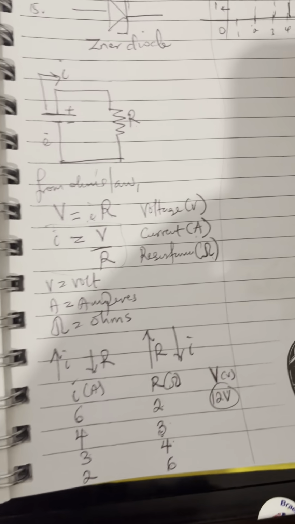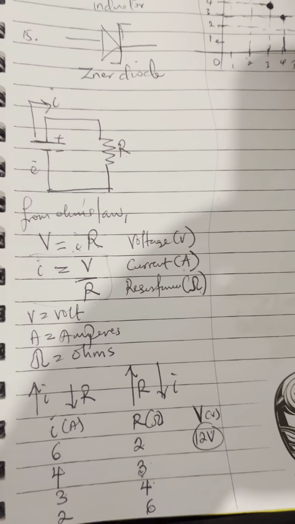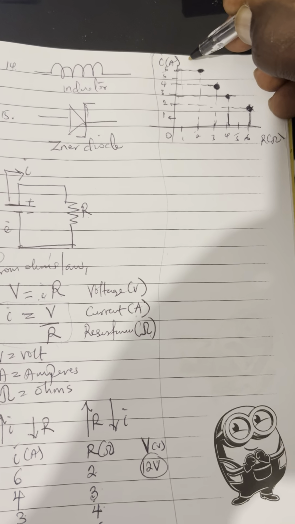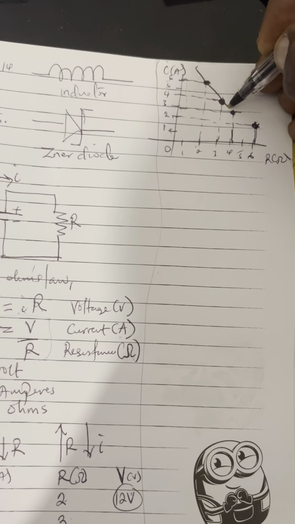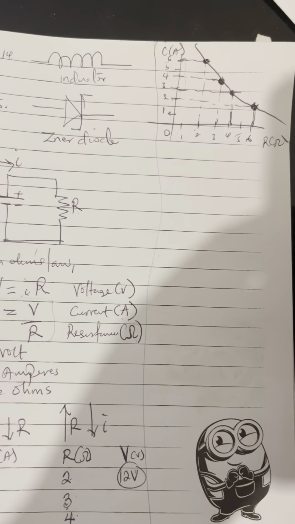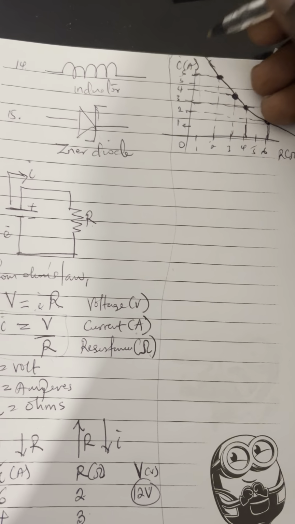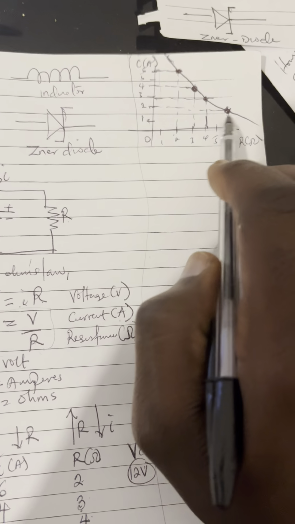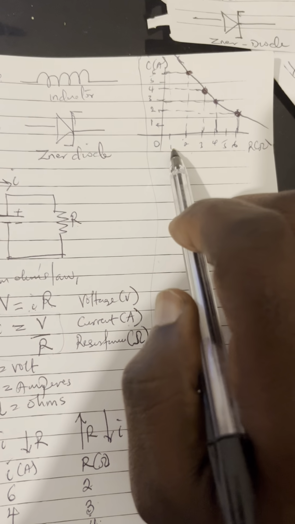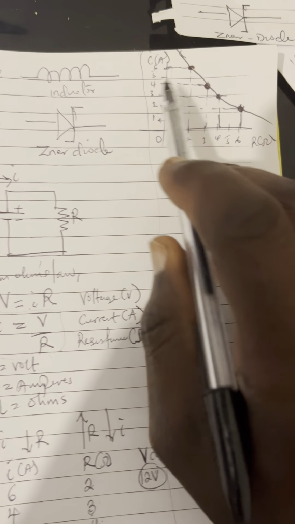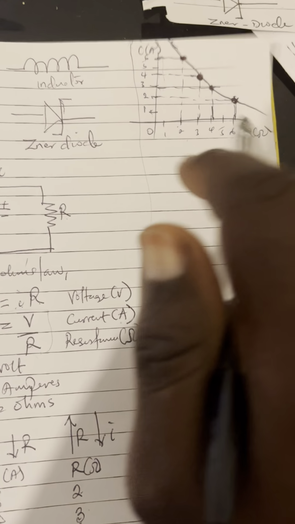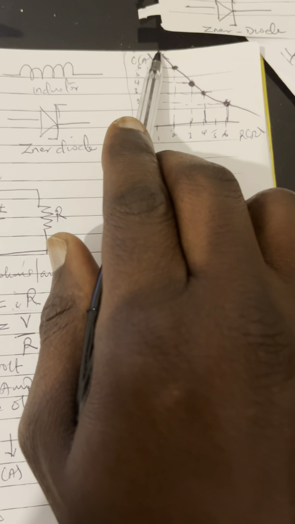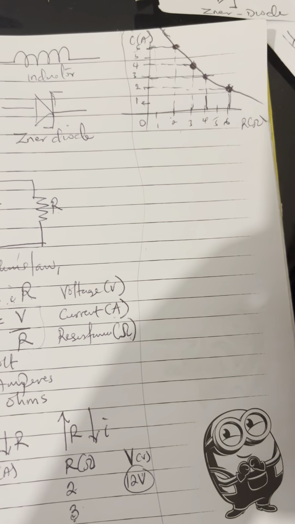If we look at it critically, you discover that you will have a slowdown curve, to tell us that as resistance increases, the current reduces. You can see now, that's why we have a curve coming from the top downward.